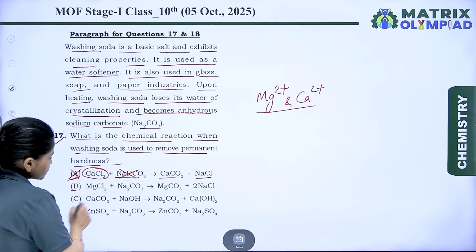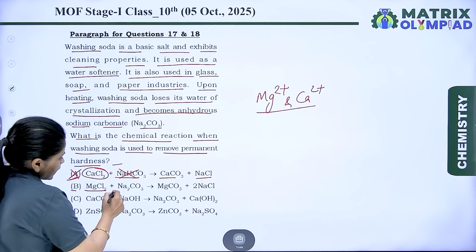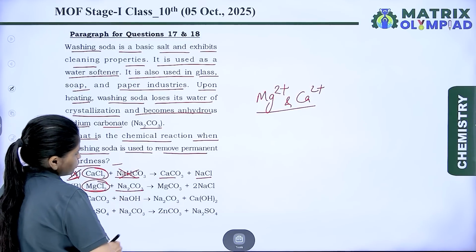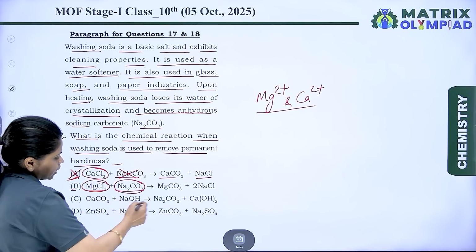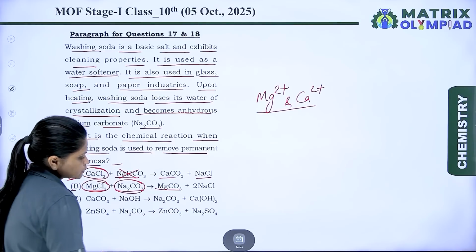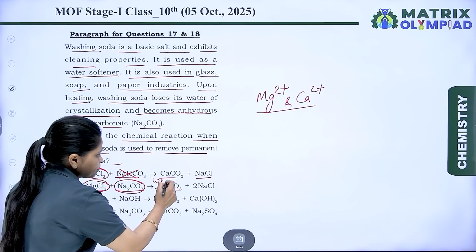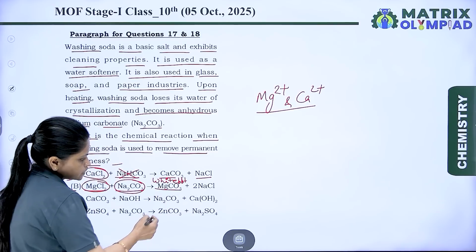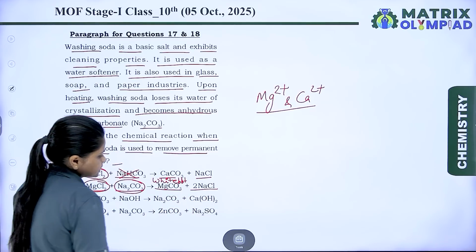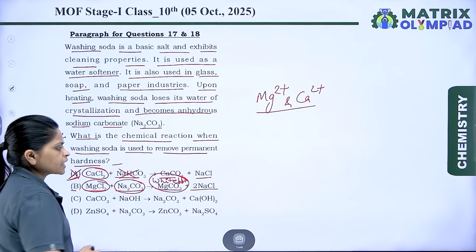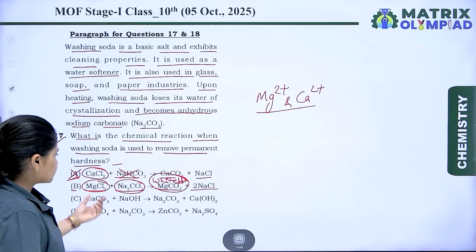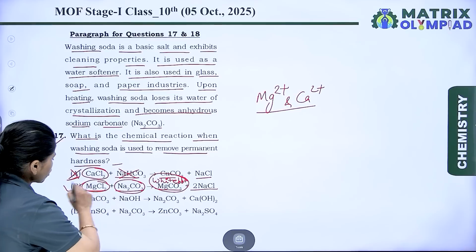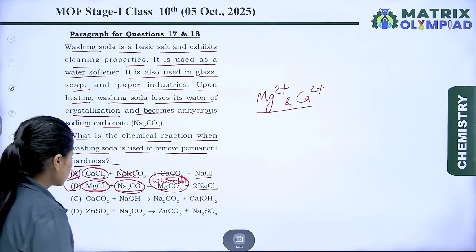Now B. Magnesium chloride, taken as hard water, and Na2CO3, which is washing soda, give us MgCO3, a white precipitate, and NaCl. This white precipitate can be filtered out from the water and it becomes soft. So option B is correct according to the question.